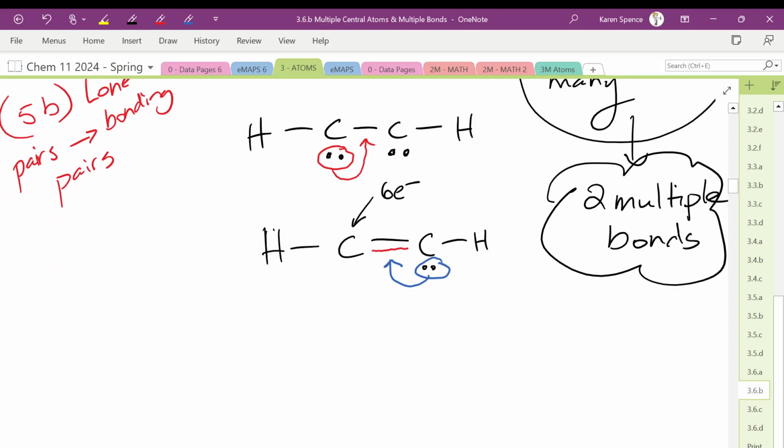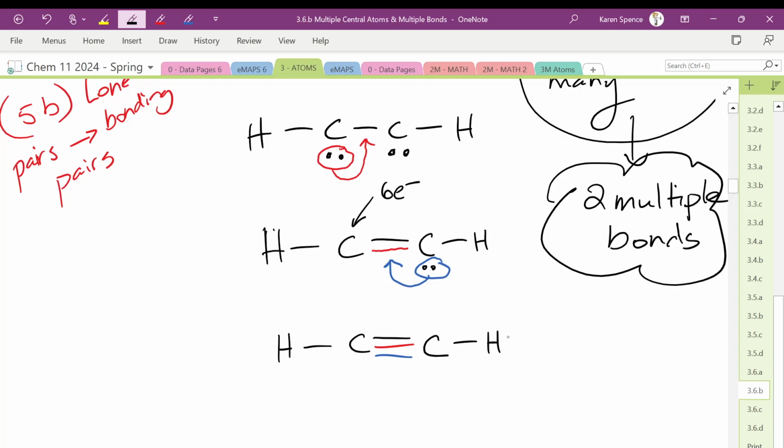Okay, and you can do this all at once. You don't have to do it in 2 steps, but I wanted to show you how it works. Okay, so now we have H bond, C, and we have bond, and then we have that red bond and the blue bond, and now we have carbon and hydrogen.